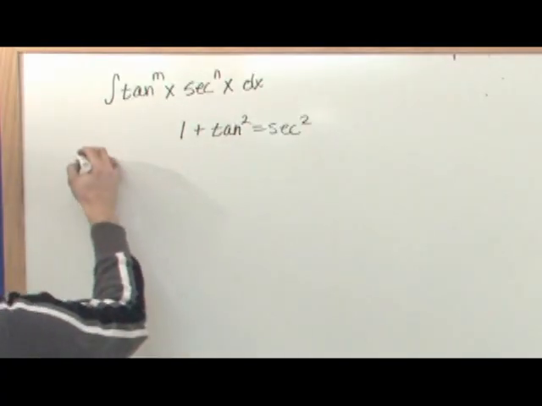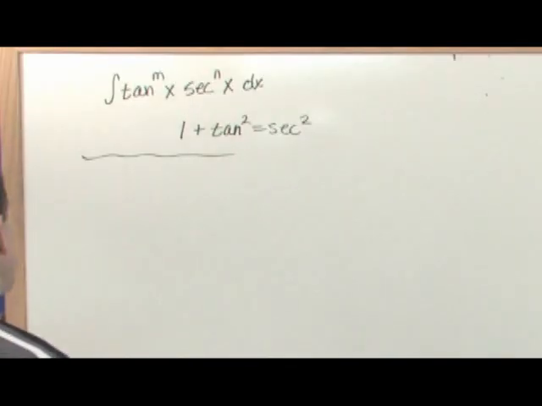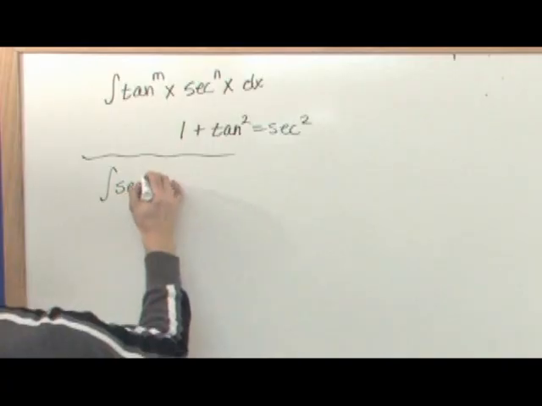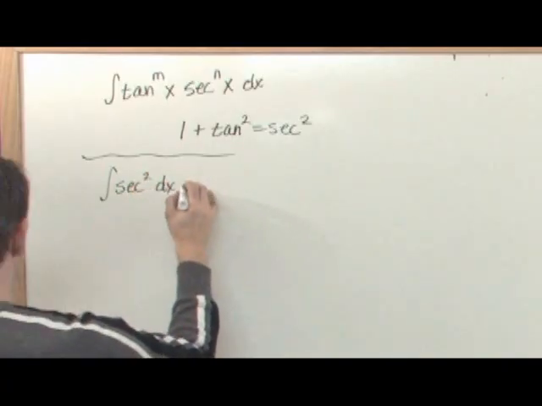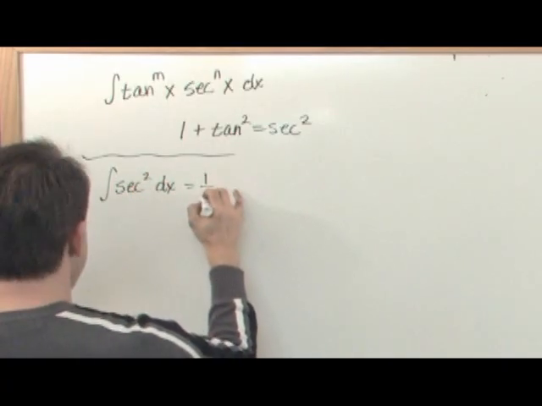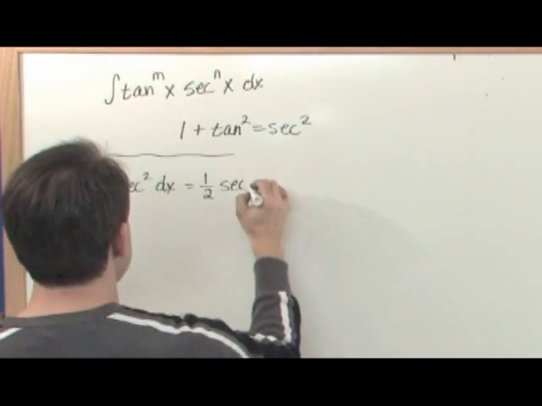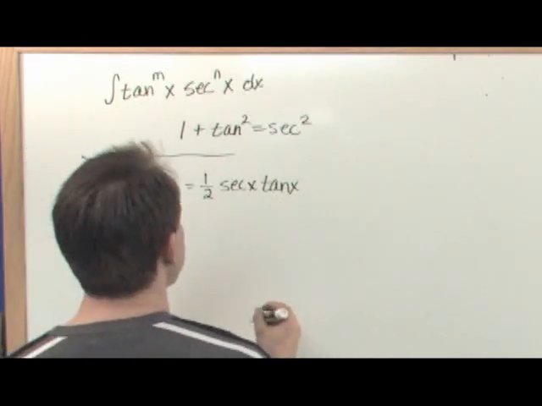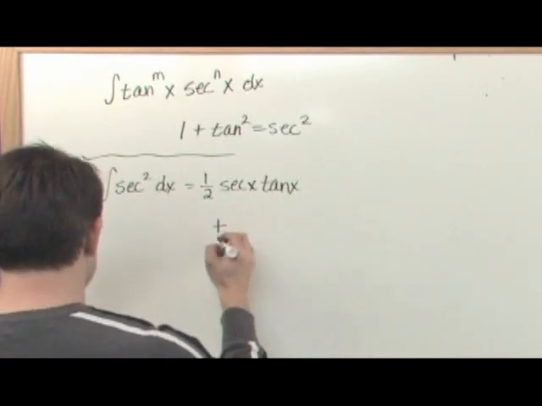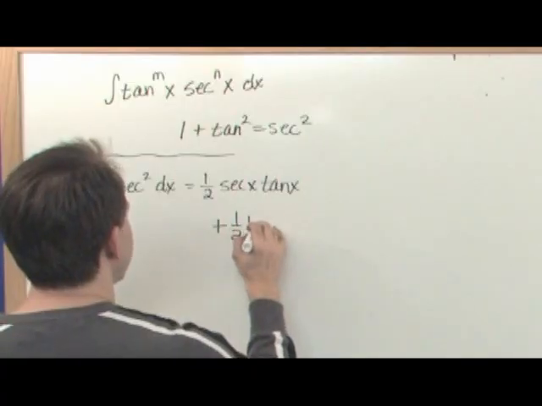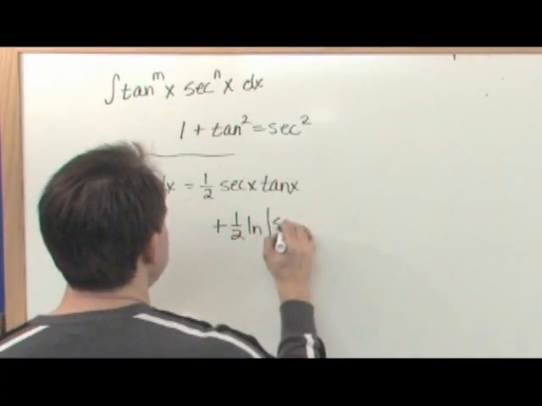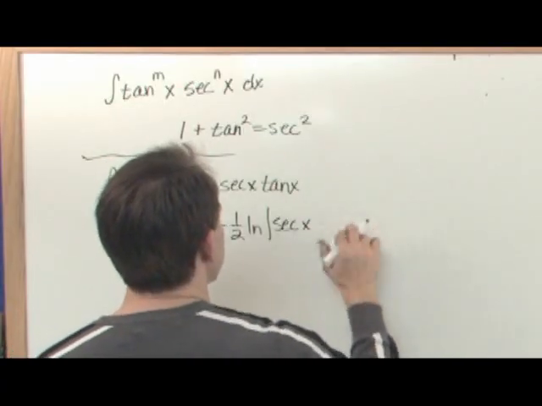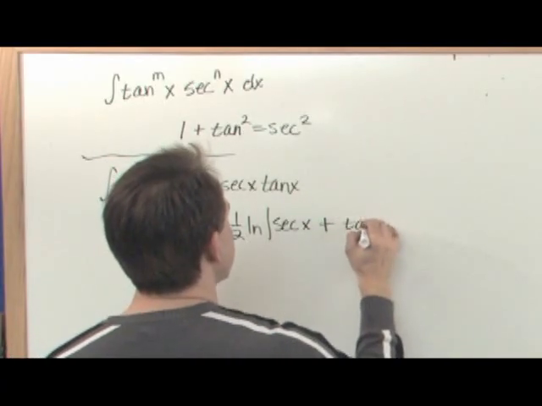Now here is an integral that's going to be useful as you get to the bottom of the problems here. The integral of secant cubed dx is equal to 1/2 secant x tangent x, plus 1/2 times the natural log absolute value of secant x plus tangent x.